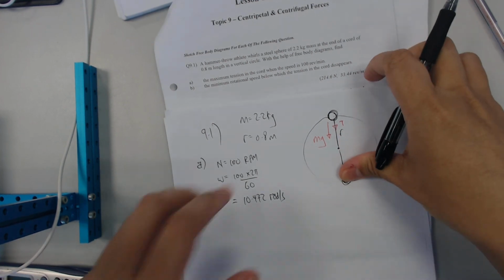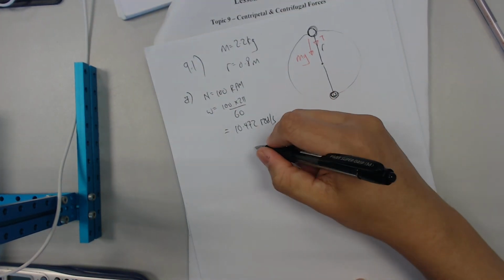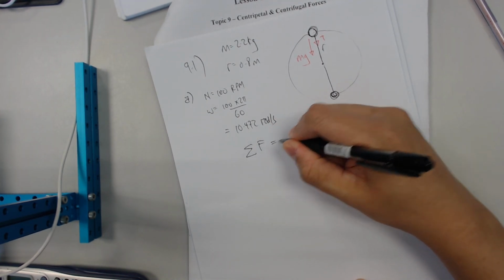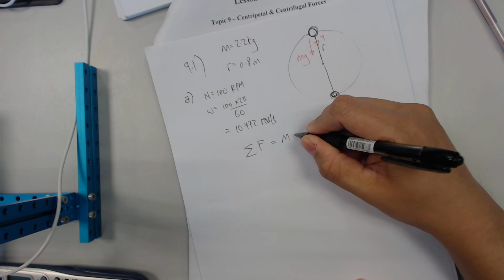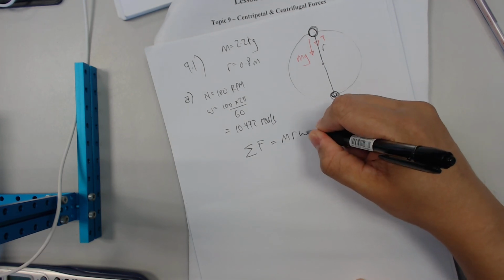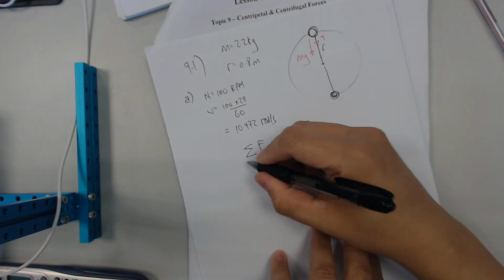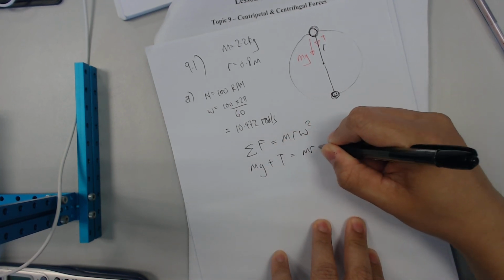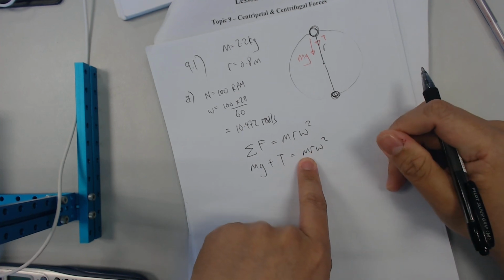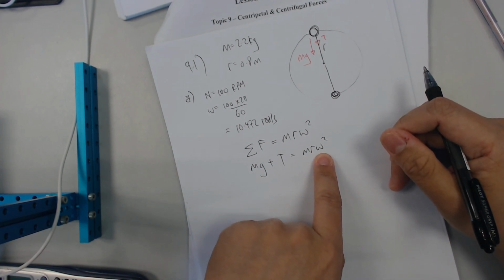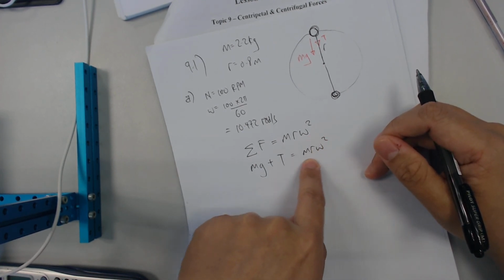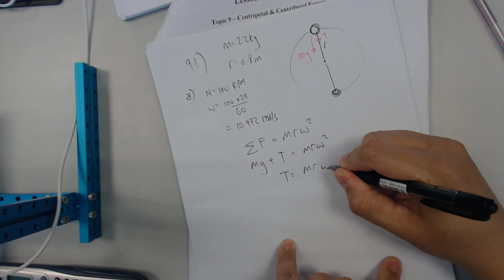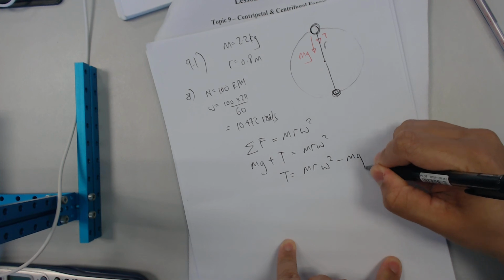Do Newton's second law: sum of forces equals ma, and ma in this case is m r omega squared. So mg plus T equals m r omega squared. This is fixed, omega is fixed, so this whole thing remains the same.